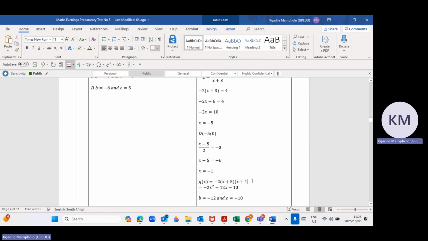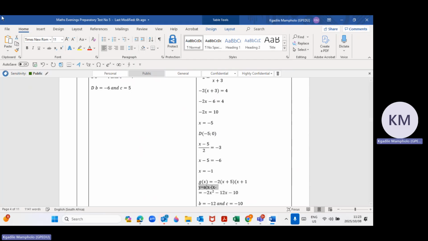You'll say Y equals to, you know the formula for finding the equation of a parabola, if you know the intercepts. Let me just quickly write it down.